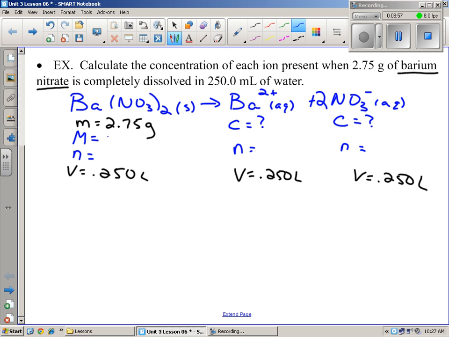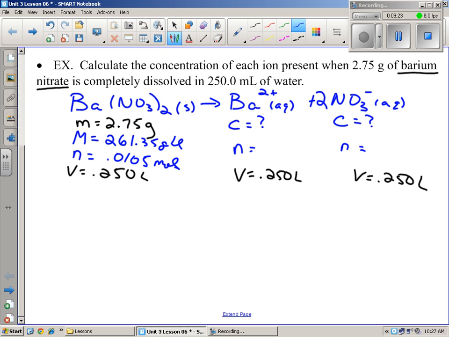So 261.35 grams per mole. And I can find N from those two. Okay, so 2.75 divided by that. And I get 0.0105 moles here. Okay. 0.0105. Now I rounded that number, but that, of course, not on my calculator, but that's up there, it's rounded.